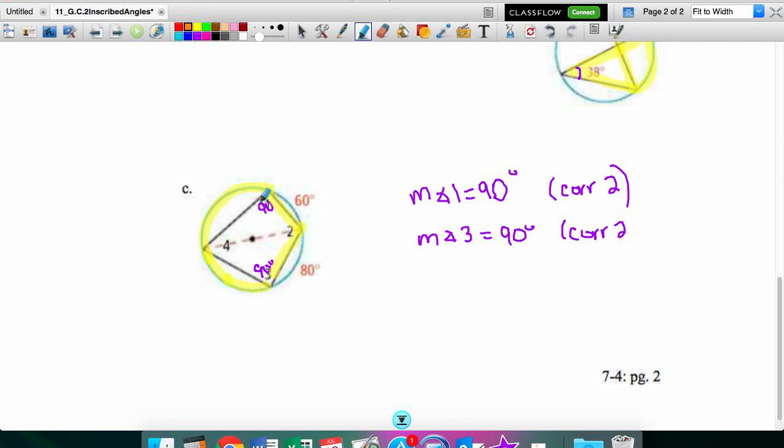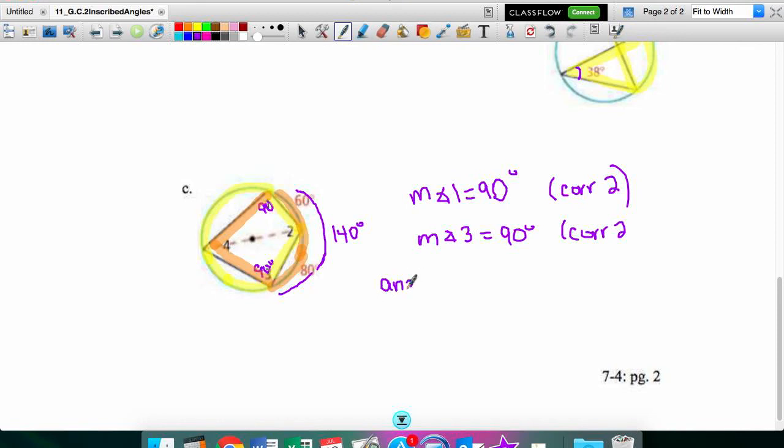So let's highlight angle 4 in orange. Angle 4 goes with the arc that I'm highlighting in orange, which, while I don't know the total right now, I have both parts, so I can find the entire arc by just adding them together. So the entire arc measurement here is going to be the 60 plus the 80, or 140 degrees. So to find the angle for 4, this is an inscribed angle.